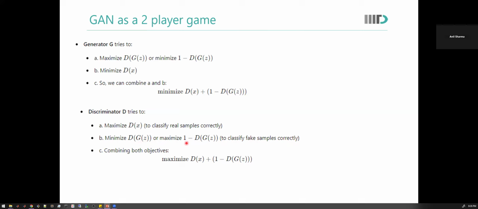So it is maximizing both of these quantities. If we combine both of them, it is maximizing D of x plus 1 minus D of G of z. Both are equivalent terms, but here it is minimized and there it is maximized.